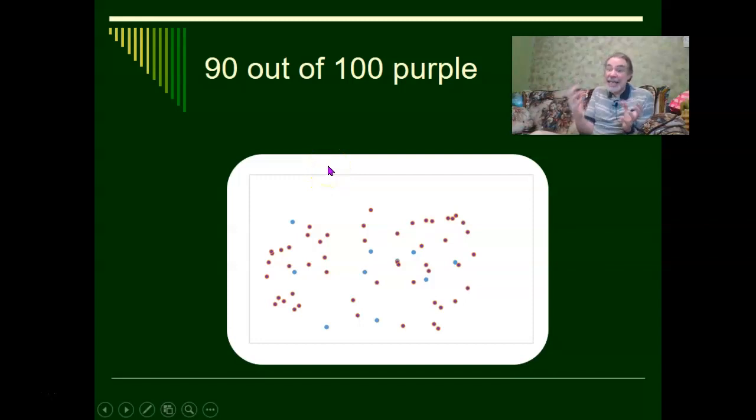It technically is possible, but it's very, very unlikely that you would get this many purple beads in your sample if the number of purple beads in the whole pool was 50% or less. So in this case, we could say that, yeah, this is pretty strong evidence that more than half of the beads in the swimming pool are purple.